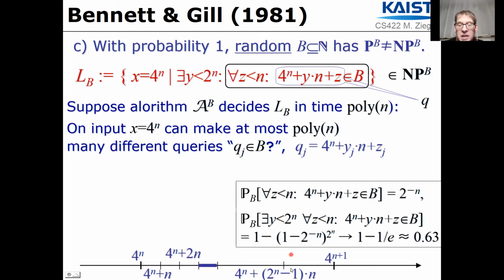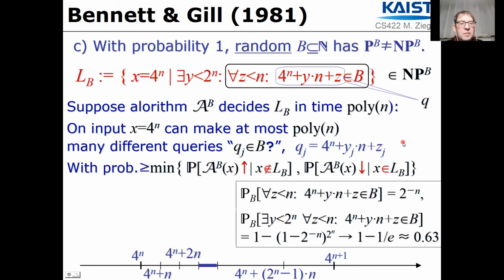Also, let me emphasize that there's some gap here deliberately to the next stage, 4 to the n plus 1. That's important. That's how these numbers were chosen, so that the last interval here ends at this number plus n, which is strictly less than 4 to the n plus 1, the next number. So there's no overlap between different arguments. And this is what we now exploit here.